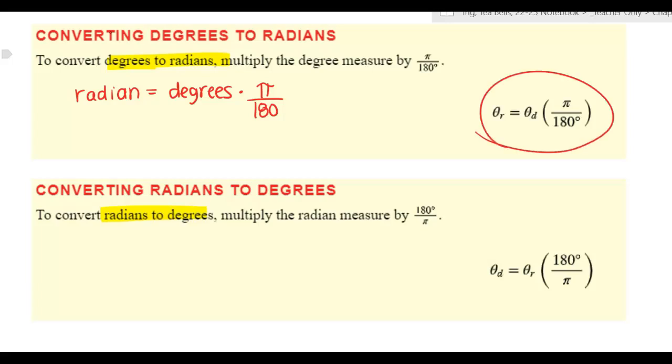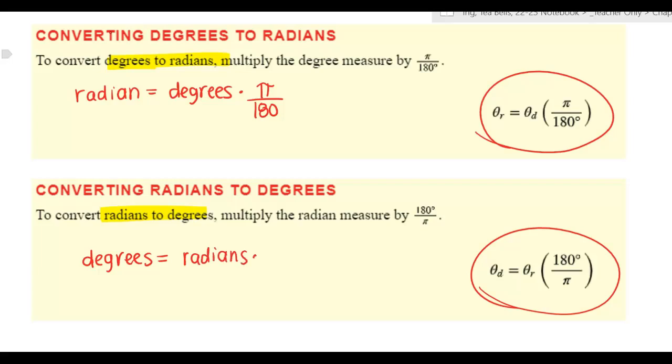When we go back from radians to degrees, we're trying to take pi away, because we've never seen a degree measurement with pi as part of the angle. So we take our radians measurement and multiply it by 180 over pi. Radians will have pi, so by making the denominator pi, they cancel out, and now we're back in degrees.